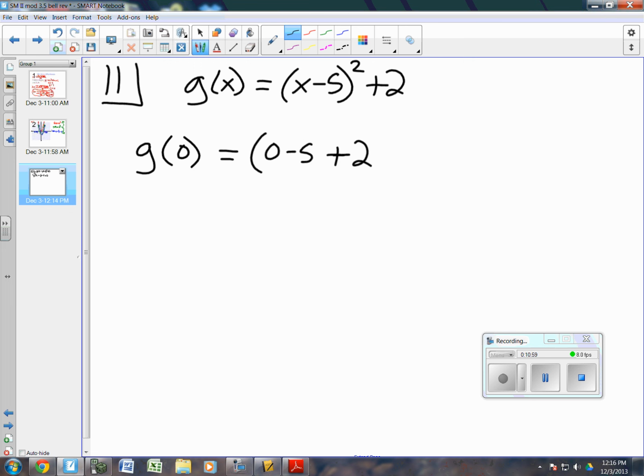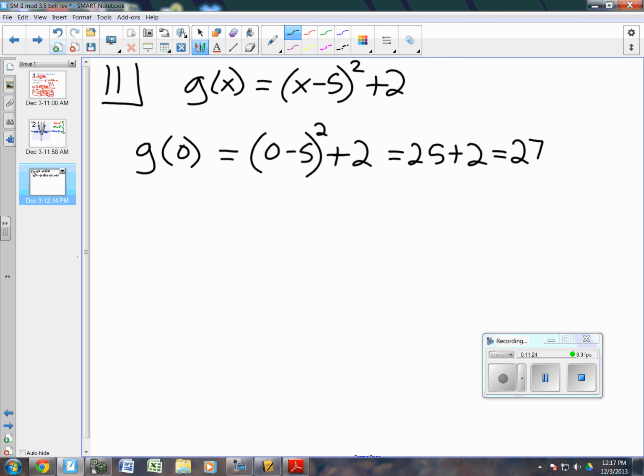If I'm following order of operations, what do I do first? 0 minus 5, which is negative 5. Then I square it and I get positive 25. And then I add 2 to it, and I get 27. Okay, so there's that one.